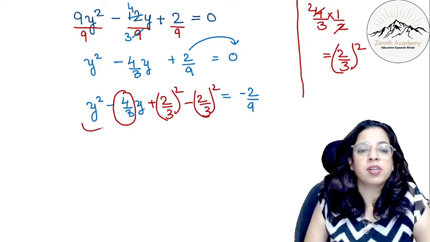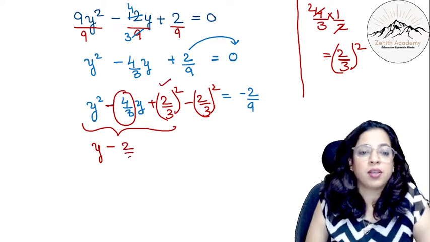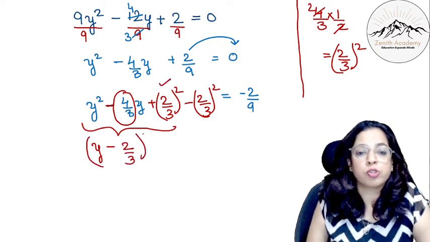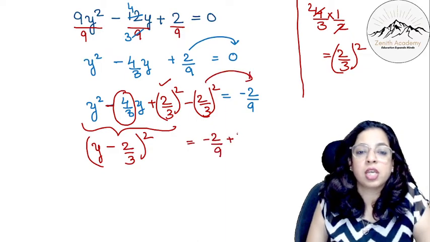Now check the first 3 terms. This y. There is a minus here. So take minus. See the third term, 2 by 3. So y minus 2 by 3 whole square is equal to minus 2 by 9. Take this on the other side. It becomes plus 2 square by 3 square.